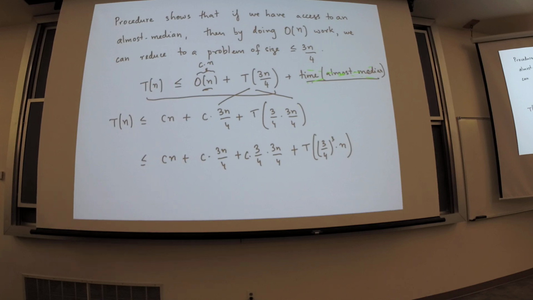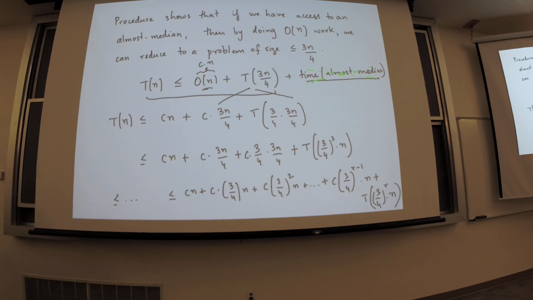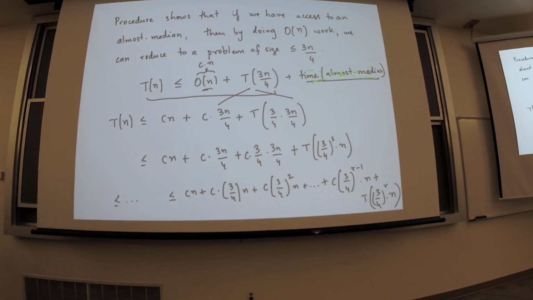So now you can simplify this further. If you do it r times, then you get cn plus c times 3 by 4 n plus c times 3 by 4 squared, up to r minus 1 times n, plus T of something.